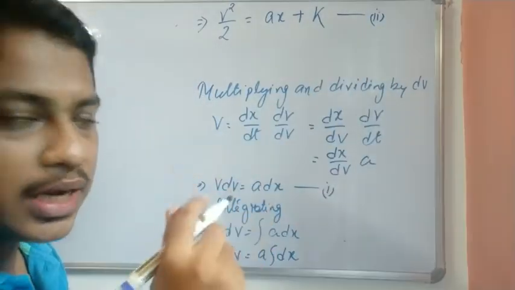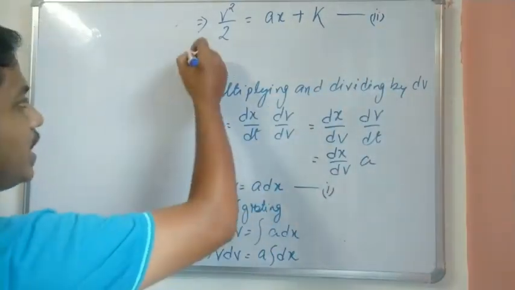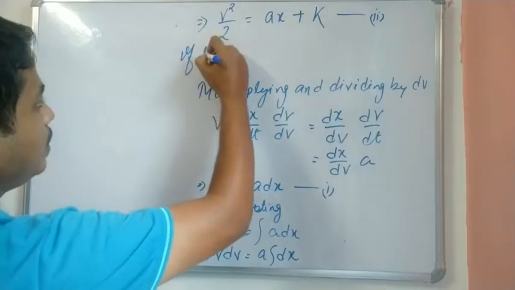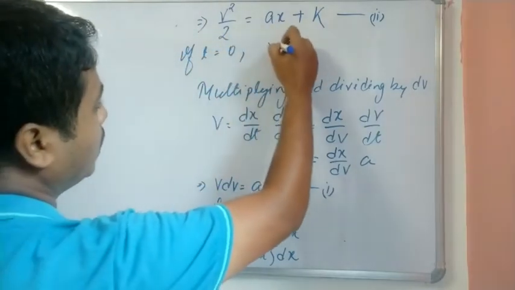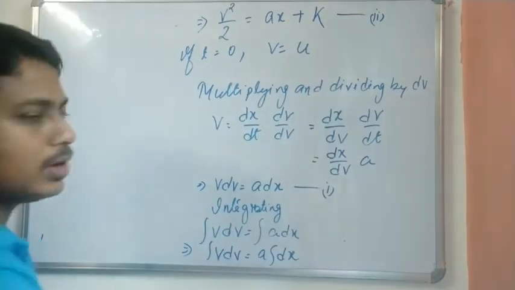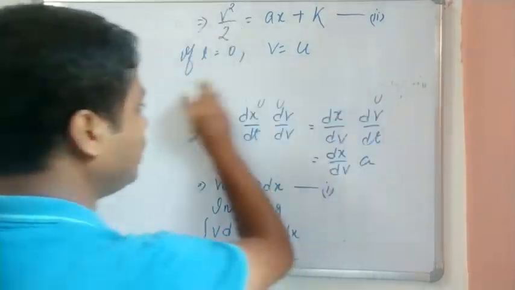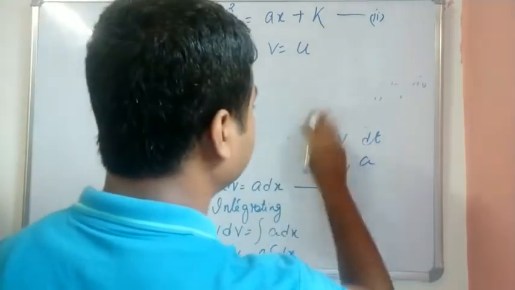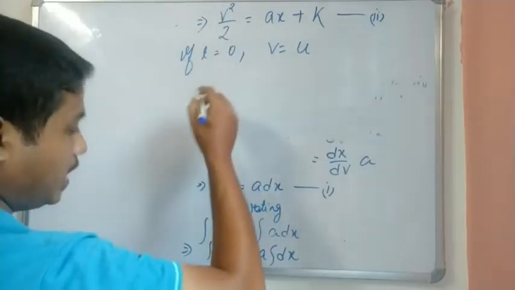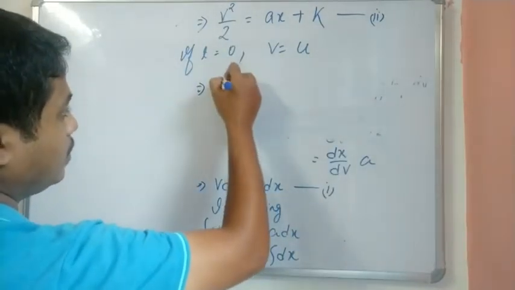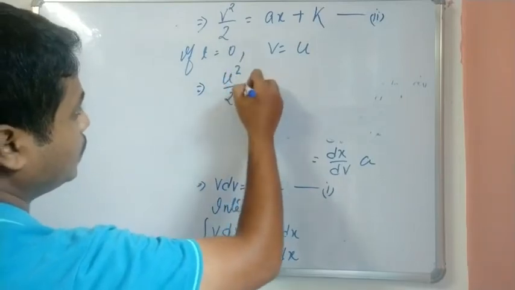Now for the initial time, if t equals 0, what will be v then? v will be equals to u, that is the initial velocity. Now if I put this in the formula, I'll be getting u square by 2.